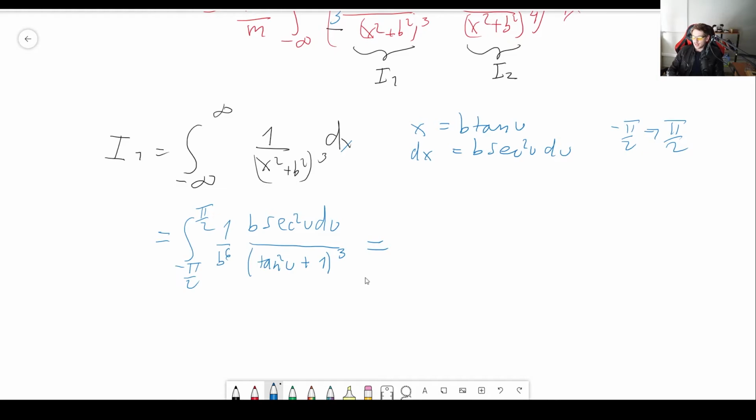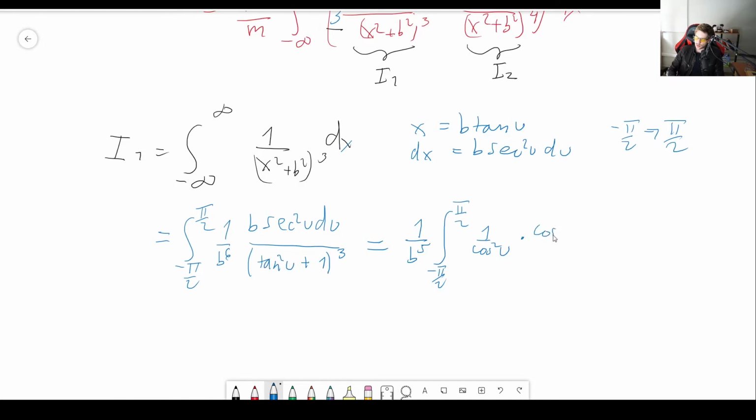Okay. So tangent squared of u plus 1, that is simply 1 over cosine squared as before. So let's take all of our b's out first. Integral from minus pi over 2 to pi over 2. And then secant squared is 1 over cosine squared u. And this thing right here is 1 over cosine squared.